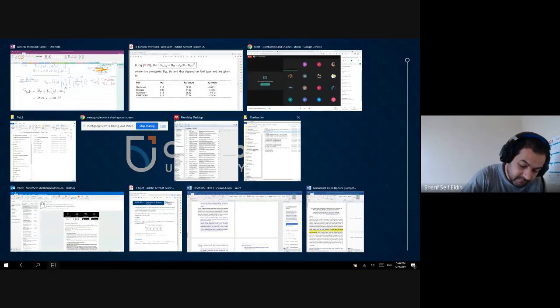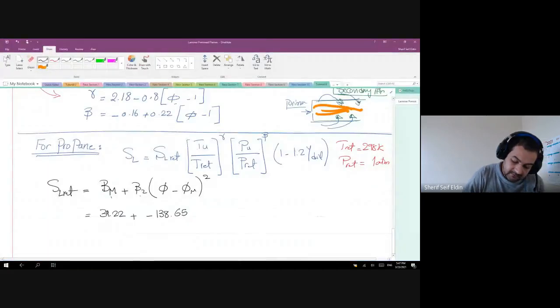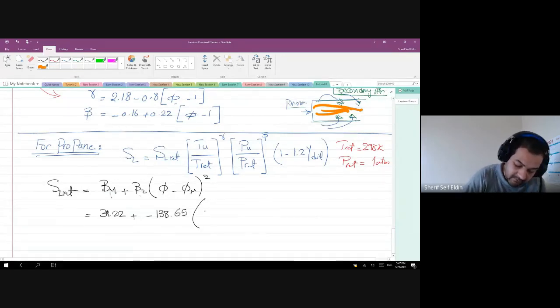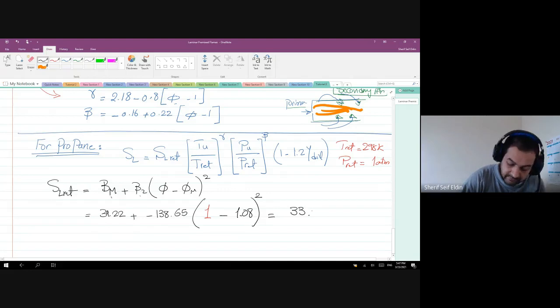And phi m is 1.08, if you can see here, right? So our phi in the problem is 1, minus 1.08 all squared. So the reference laminar flame speed is 33.33, obviously in centimeters per second.